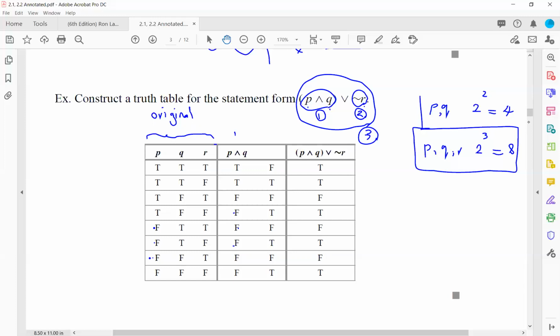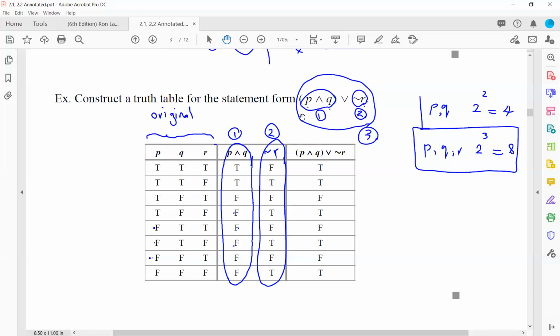Next column, so this is 1. Next column is not R. You just find the negation of R. R is true, negation is false. R is false, negation is true. True, false, false, true, true, false, false, true, true, false, false, true. And finally, you just work with these two columns. The combination of these two columns uses the connector OR.